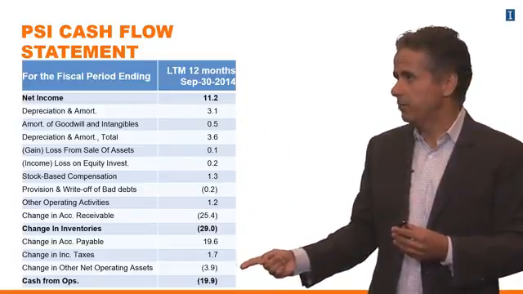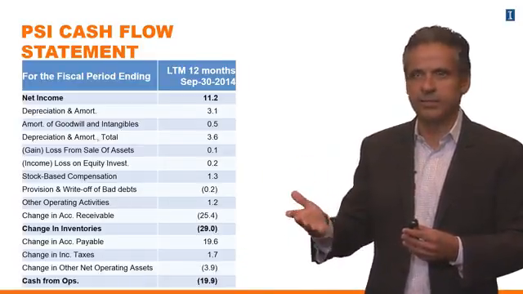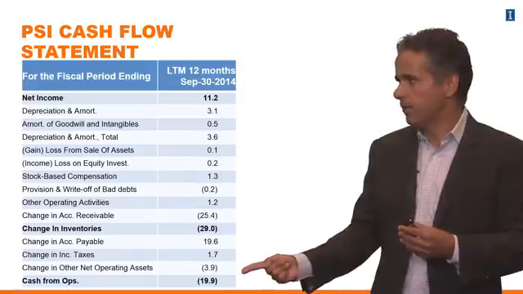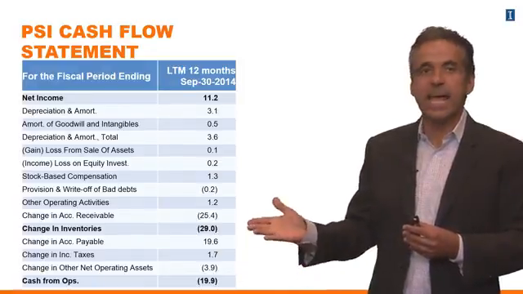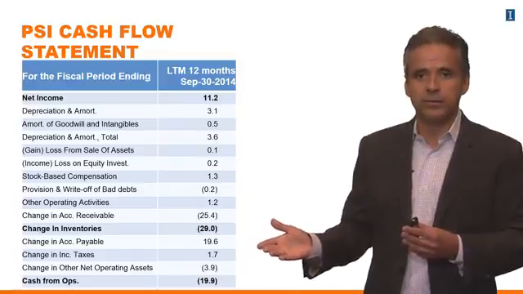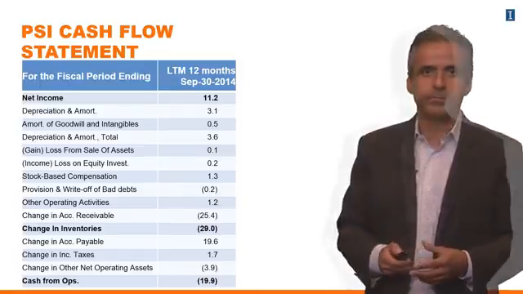When we get to the bottom of the cash flow statement, of course, there are other items here. It's not just inventory. What you see is that PSI is generating a negative cash flow. So you're profitable, but you're generating a negative cash flow.